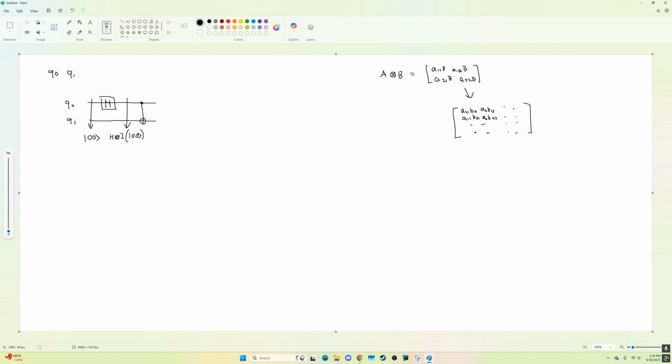When you say H tensor I, that means apply H to this left qubit right here, and apply I to the right qubit right here. Let me say that one more time.